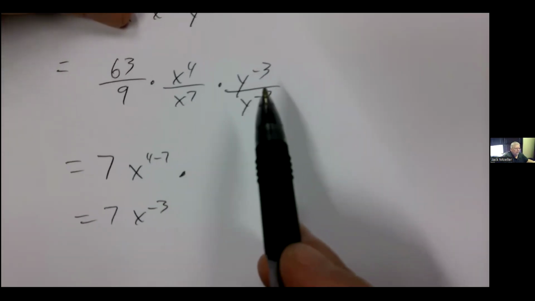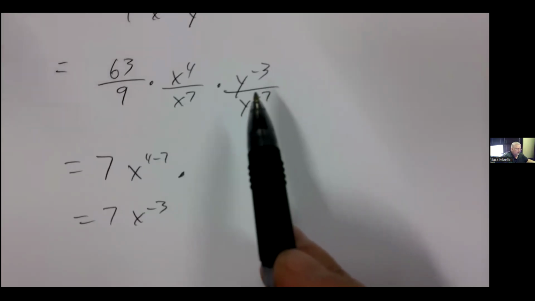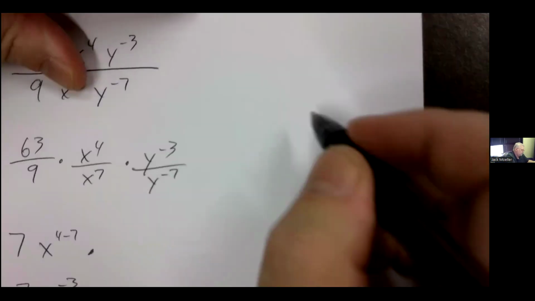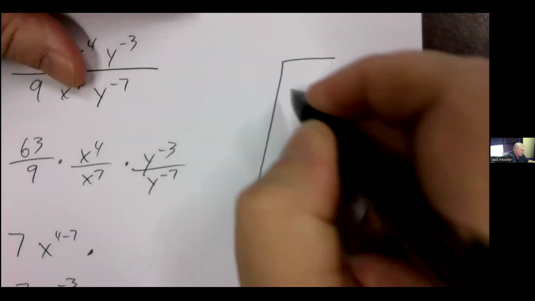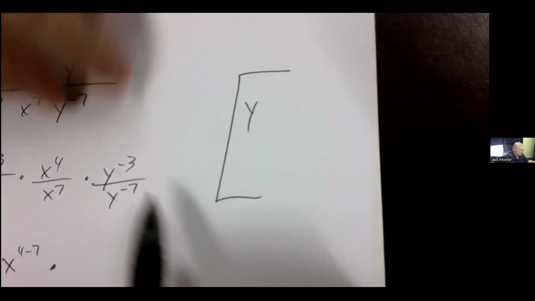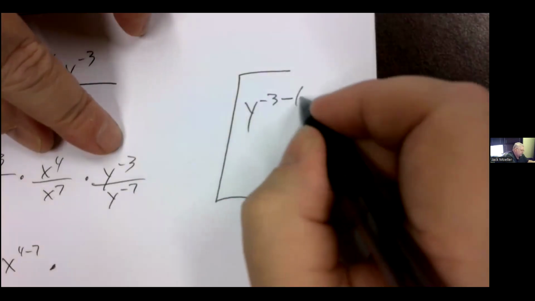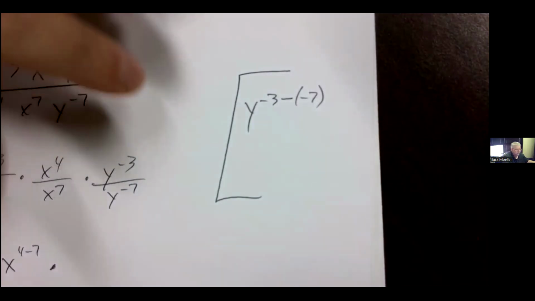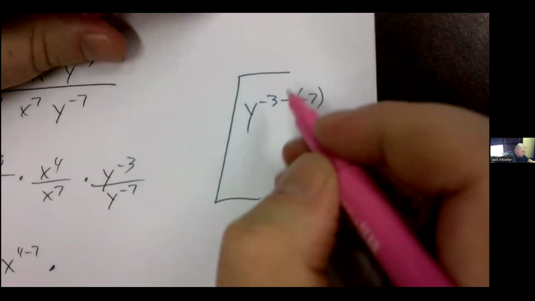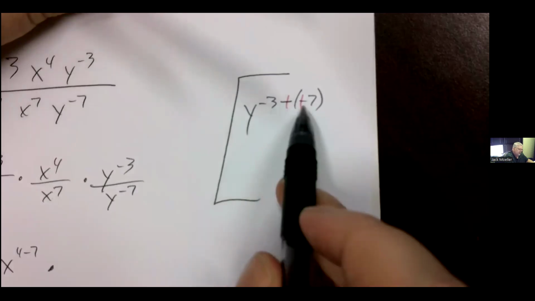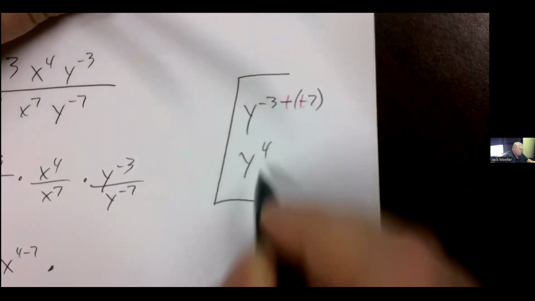Now over here, again, we have a couple ways we can do this. If you want to do the subtract rule, or sorry, the quotient rule, here you have to be careful because we have negative 3 minus the bottom, which is negative exponent, which is negative 7. So there is a double negative going on there. So now we're doing negative 3 plus 7 for the exponent, so it's y to the fourth.